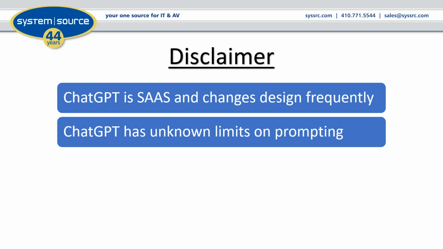Another thing, if you're a personal user, you may have run into this before, is that ChatGPT has an unknown limit on the number of prompts you get. Remember, a prompt is an interaction. One of the nice things about agents, although agents are a premium feature inside of ChatGPT, is that agents allow us to do certain things using a minimal amount of prompts.